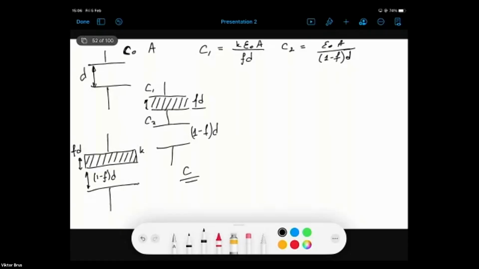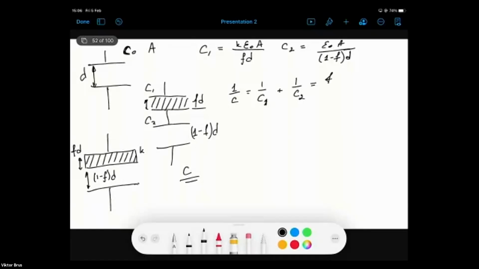Okay, so now we can proceed to the calculation of the effective capacitance of this system of two. It will be 1 over C equal to 1 over C1 plus 1 over C2.